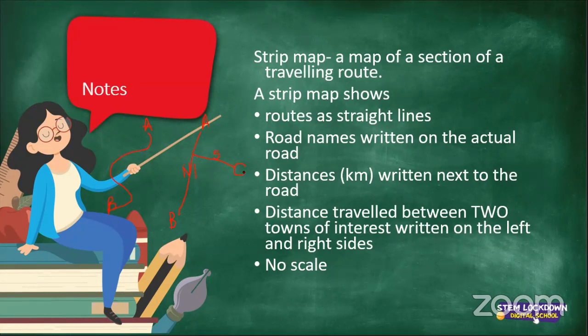And then comes the distance traveled between two towns of interest. Let's say I'm looking at town A and town B. Those distances won't be written on the main road, but they'll be written on the sides, left and right side.